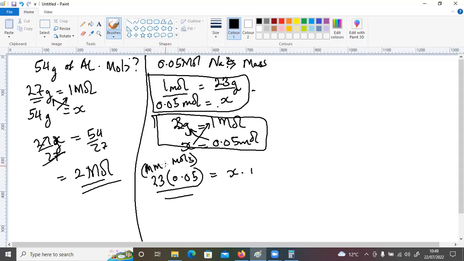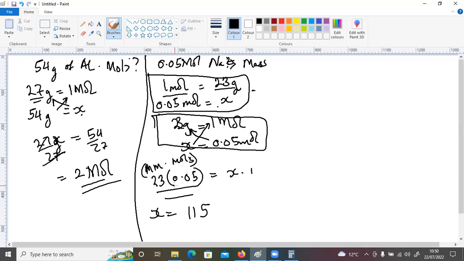This is a formula which the textbook will say you need to know. But what I'm saying is that you don't need to know it, because when you substitute correctly, the formula will come by itself. And I'm going to get here that my number of grams is equal to 23 times 5 is 115.